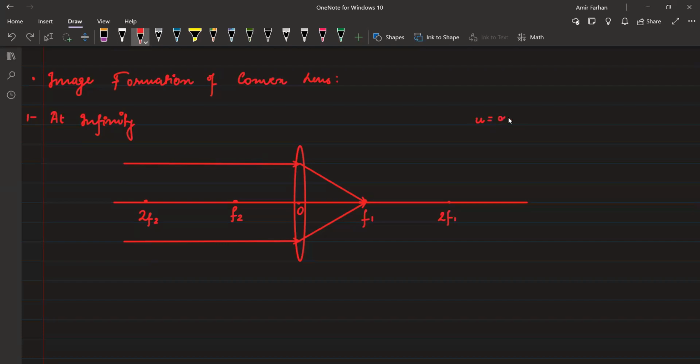Sir, in the mirror there was something behind the mirror, right? Your voice is lagging a little bit, Nabila. Please speak louder. So, do we have dotted lines? No, in this we don't have dotted lines. Dotted lines are only used when we extend the line in the backward direction. As you can see, light is basically passing through the lens.